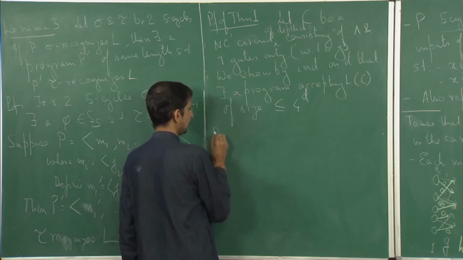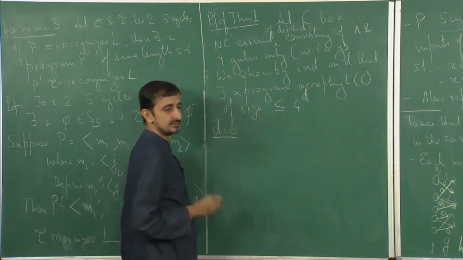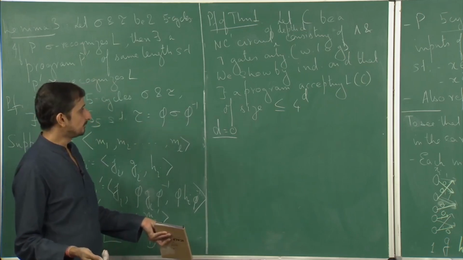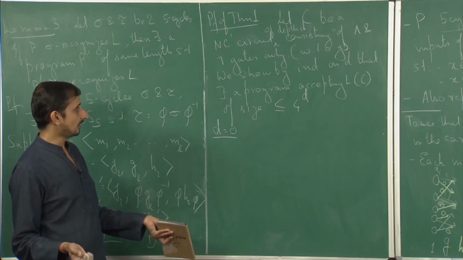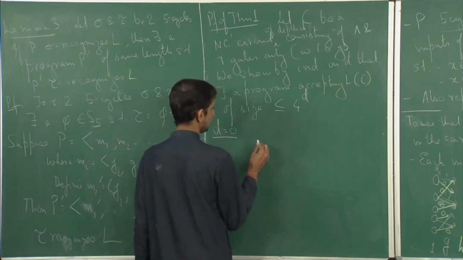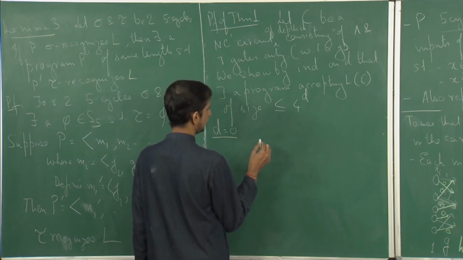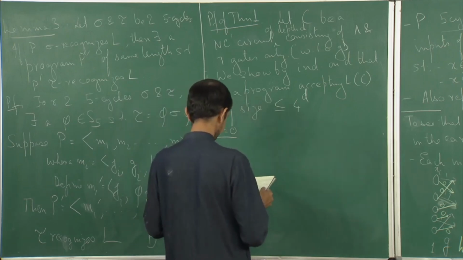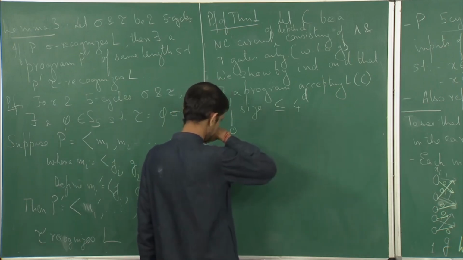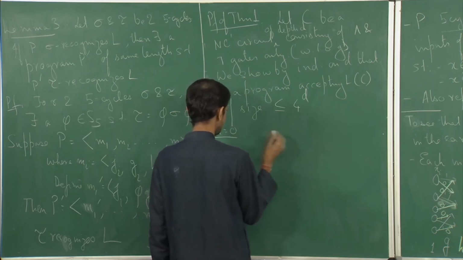For D equal to 0, I do not have any gates. So the circuit either has variables or constants.